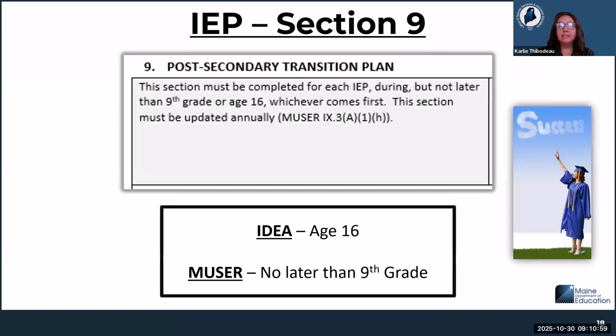And so Maine has decided that it needs to start no later than 9th grade. So if you have a 9th grader that's 15, then you would still do the transition plan. So for Maine, it starts no later than 9th grade, but at the federal level, it's 16.